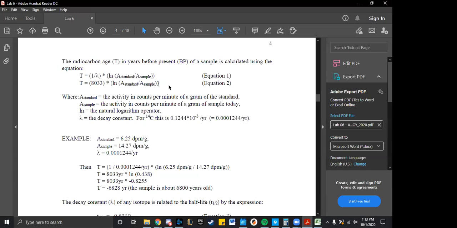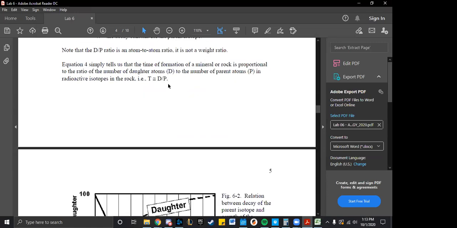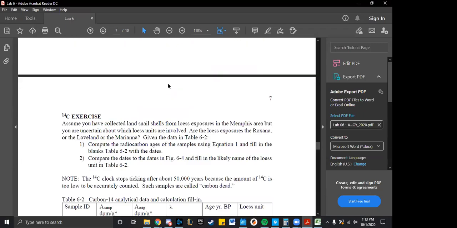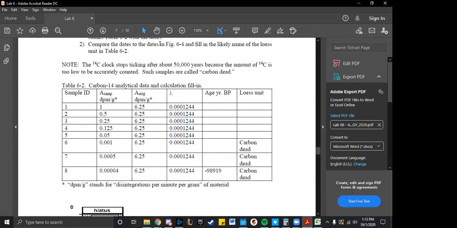Yes. So if you're looking at table 6.2, go down to here. The A origin is what we're going to put for the A standard in the equation, and then this is the A sample. Okay. So you plug that in.